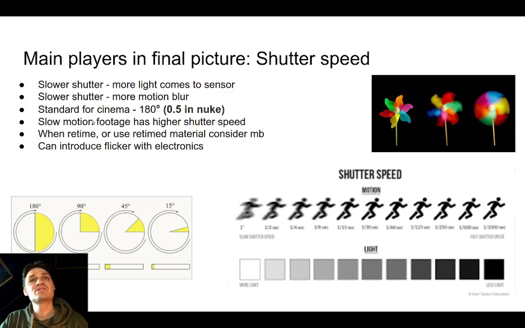Also, when we retime material, we have to consider the shutter speed that is supposed to be in the final picture. For example, somebody shot something with slow motion. With slow motion there's not going to be much motion blur, but then we respeed it 400%, so the guys look cool, and we want it to look natural, but they will be kind of staccato.